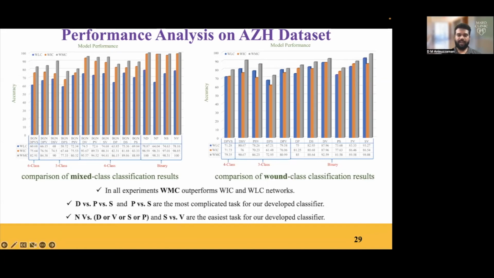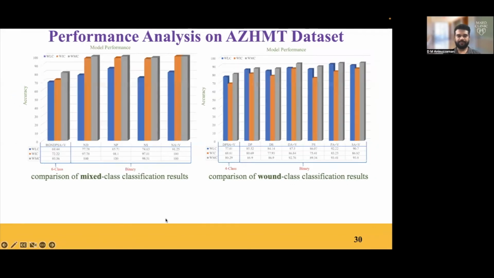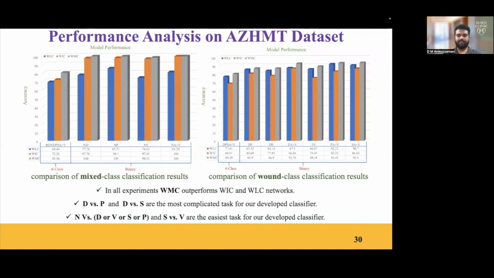I don't know exactly why they are easier or more difficult, but from our physicians, we got the feedback that they are actually true in medical sense. We see the same type of result on the AZH dataset, or the bigger dataset.